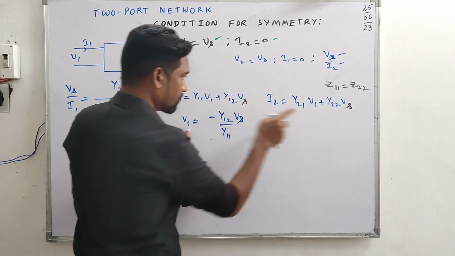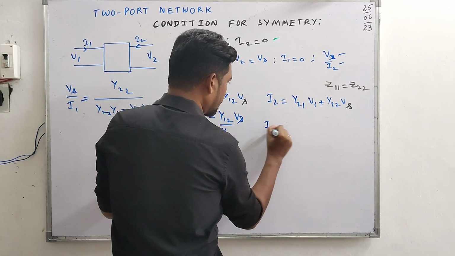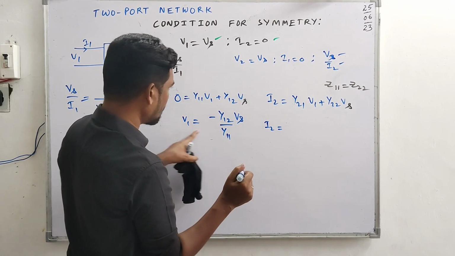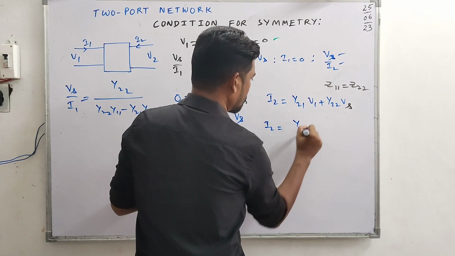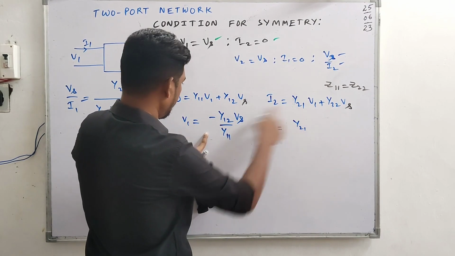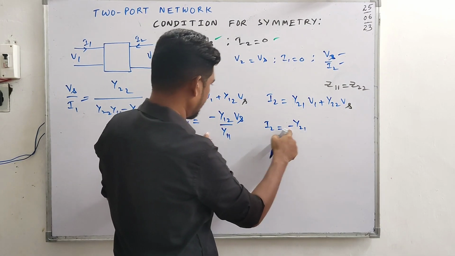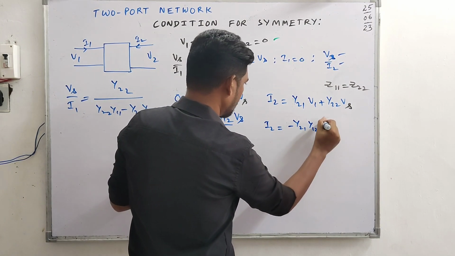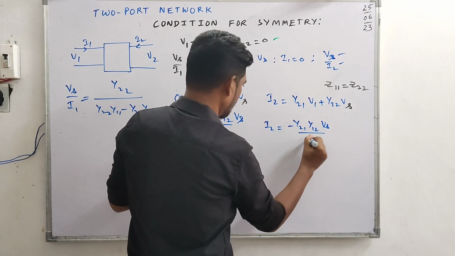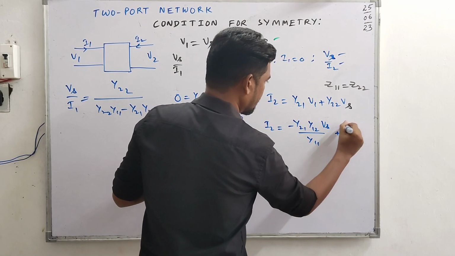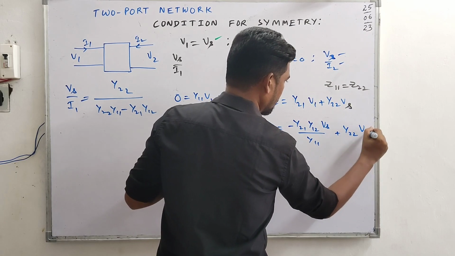Now plugging this condition in, I2 will be equal to y21, and in place of V1 we plug in this, so a negative appears: negative y12 Vs upon y11, plus y22 into Vs.